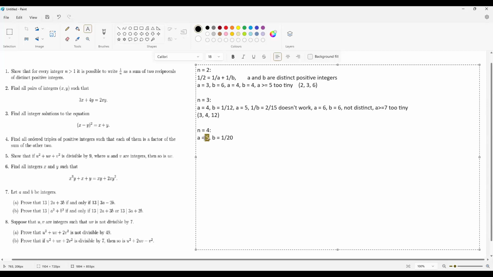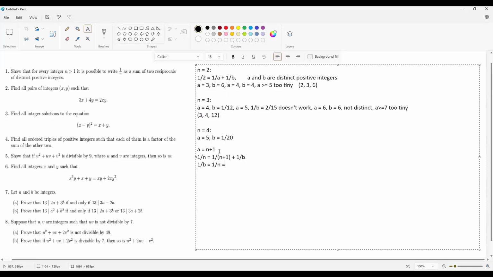By now, we should realize when a is equal to n plus 1, it always works. And that is actually our only answer for the past two cases. So let's quickly check what happens if a is equal to n plus 1. Then 1 over n is equal to 1 over n plus 1 plus 1 over b.